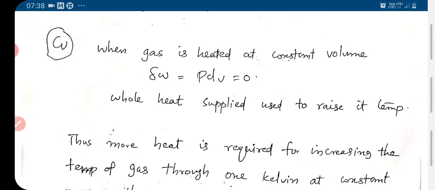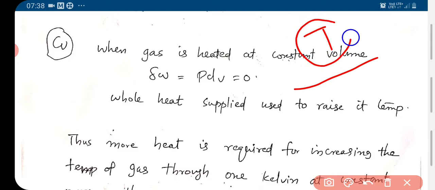So for the same change in temperature, if you heat the gas at constant pressure and constant volume, the constant pressure situation requires more heat to be supplied.